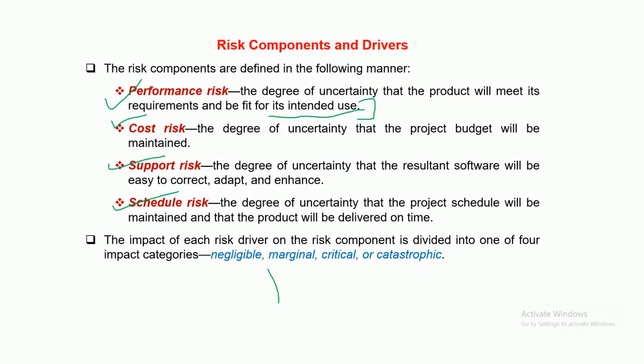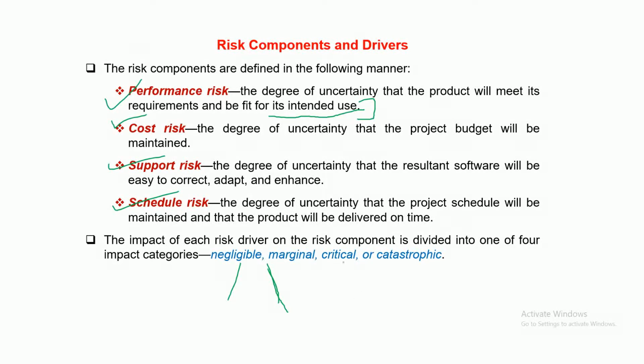The impact of each risk driver on the risk component is divided into 4 categories, say negligible, marginal, critical and catastrophic. Negligible means you can neglect these kinds of indicators. Marginal means you may think to work upon it, and you may try to delay the correction.